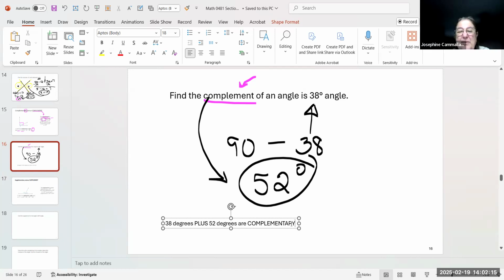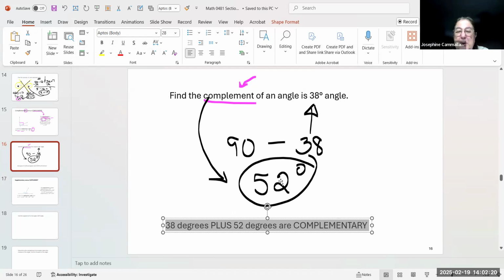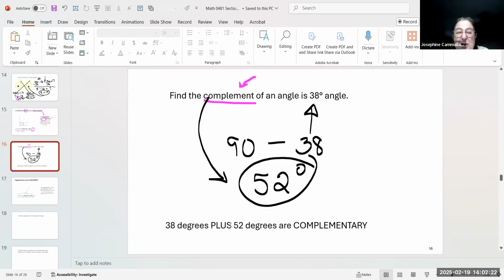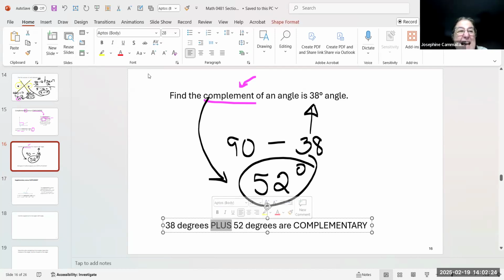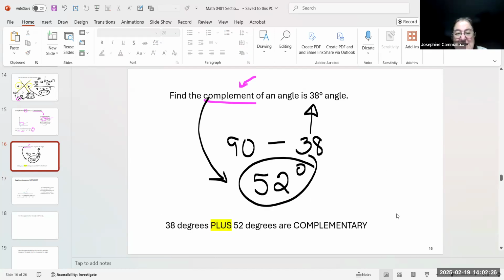Okay. Notice that little word plus. They are complementary. See the ARY? They add to 90. That's what this is interpreting.